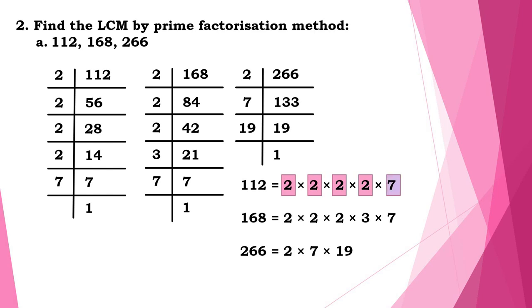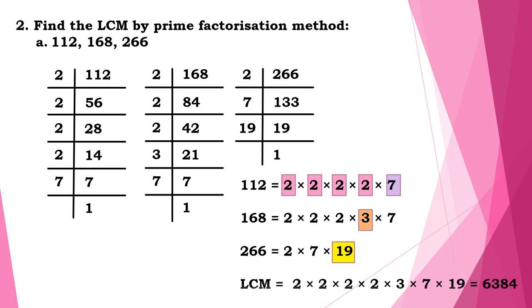And 7? Only 1. And 19? Only 1. So we'll take all these numbers. So LCM will be 2 into 2 into 2 into 2 into 3 into 7 into 19. That will be equal to 6384. So this is the LCM of the given numbers.